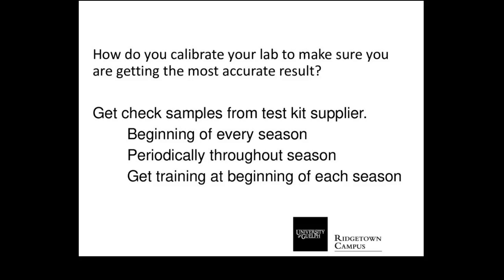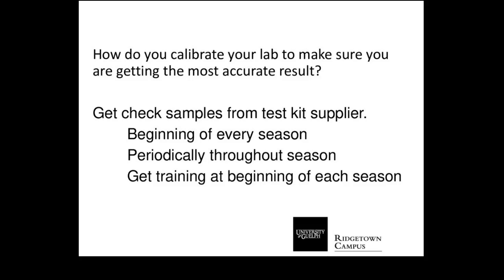And another question that gets asked is, how can you calibrate your lab to make sure you are getting the most accurate result? Most test kit suppliers will also provide you with a check sample. That is a sample that has a known concentration of mycotoxin. At the beginning of every year, every season, you want to get a check sample and test your process to make sure that it's getting the right result.